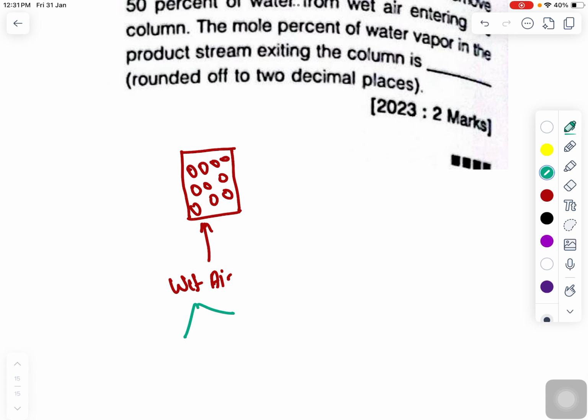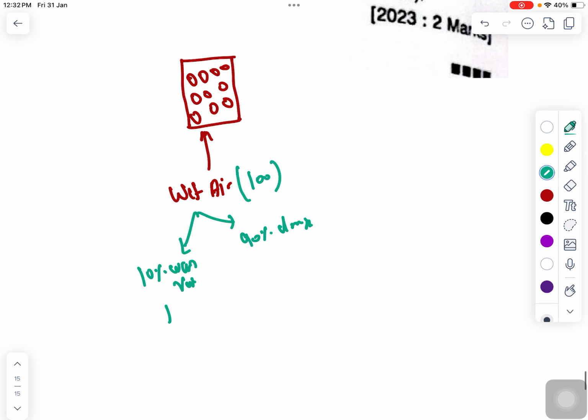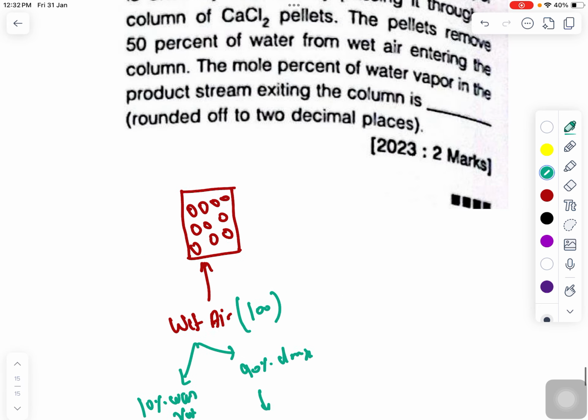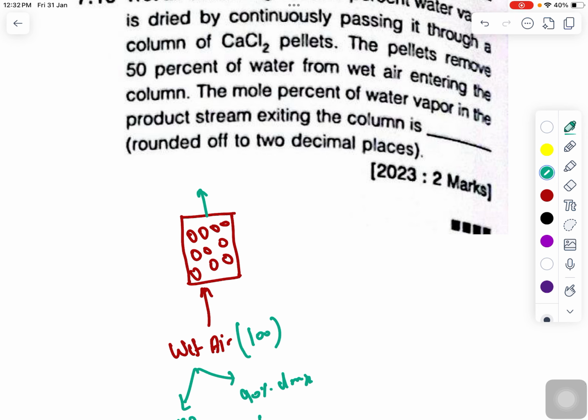So in wet air you can see 10% water vapor and 90% dry air. Let's say I am assuming the wet air quantity is 100, so the water vapor will be 10 and 90 will be your dry air. And once it is exiting, definitely you will be having water vapor, and again there will be dry air.